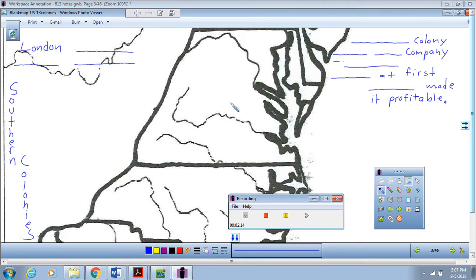This is Virginia today, and Virginia would be the first English colony that would be successful.